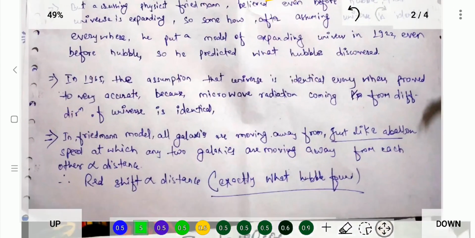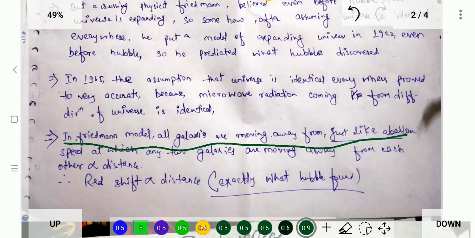So we can say that in Friedman's model, all galaxies are moving away from each other, just like a balloon. Suppose you have a balloon and you put some dots on it, and you try to fill the balloon with air, and it will expand. And how will it expand? It will expand in such a way that the dots on the balloon will move away from each other.